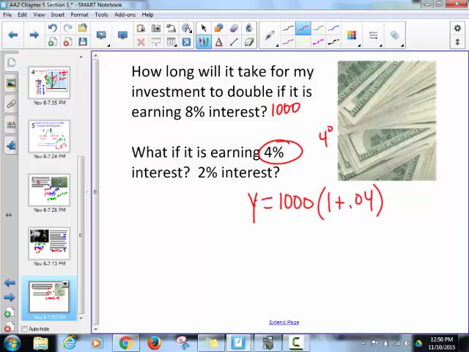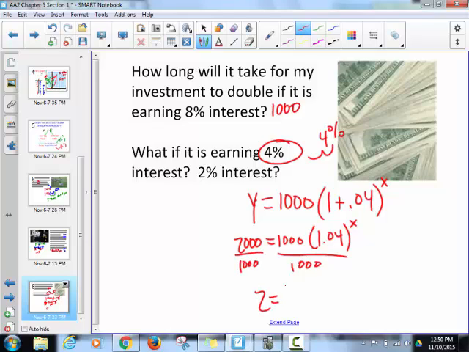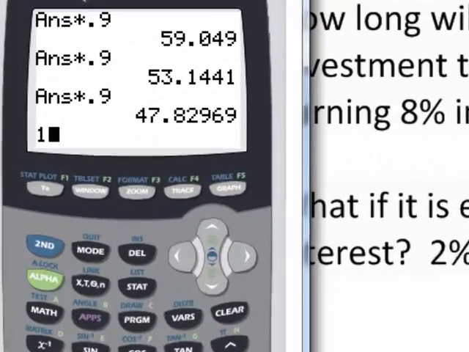Because 4% as a decimal is 0.04. And doubling that would get to 2,000. So if I divide by 1,000 here, so really I want to figure out when I get to 2, don't I? So 2 equals 1.04^x.